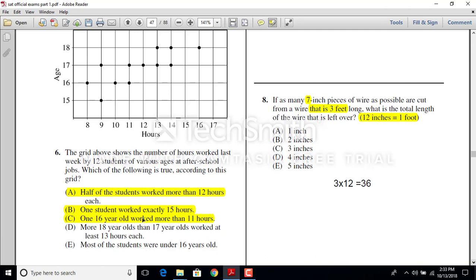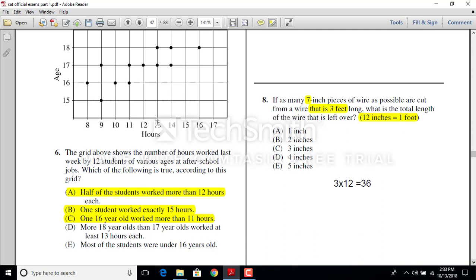Let's check first the number of students who worked at least. What is meant by at least? At least means 13 and more, and the smallest number of hours is 13. So all the numbers of hours which are more than 13 are included, like 13, 14, 15, 16, and so on.